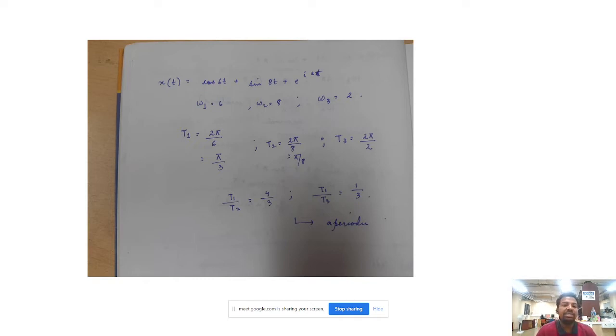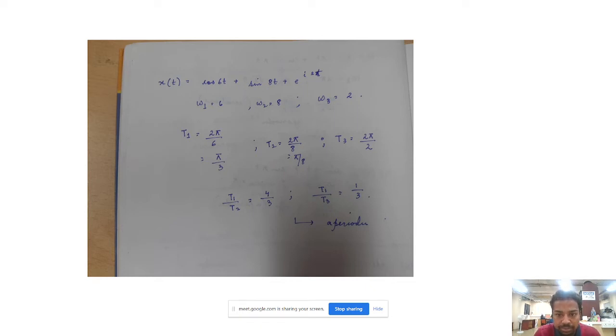Now T1, the time period for x1(t), is equal to 2 pi by 6, that is equal to pi by 3, and T2 is equal to 2 pi by 8, so this is equal to pi by 4. And T3 is equal to 2 pi by 2, which is equal to pi. So T1 by T2 is equal to 4 by 3, which is actually a rational number.